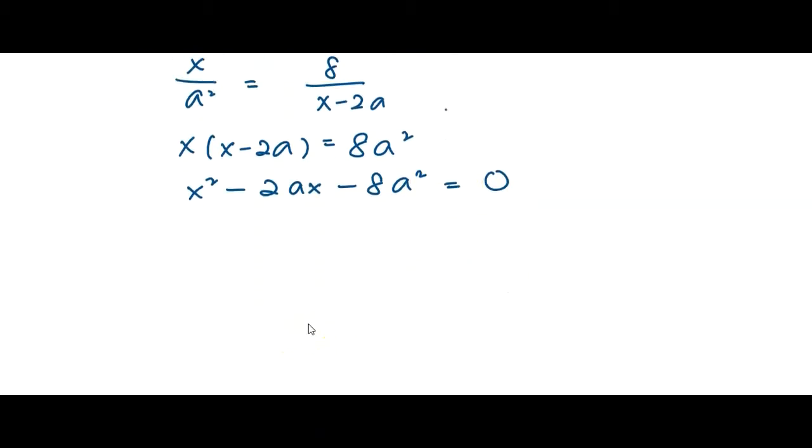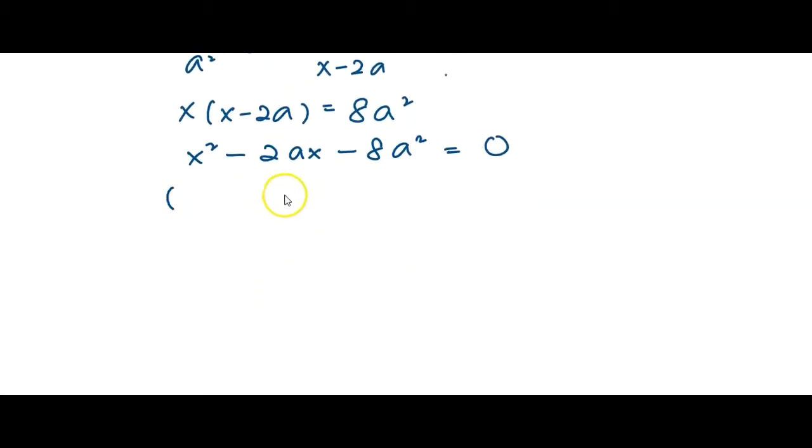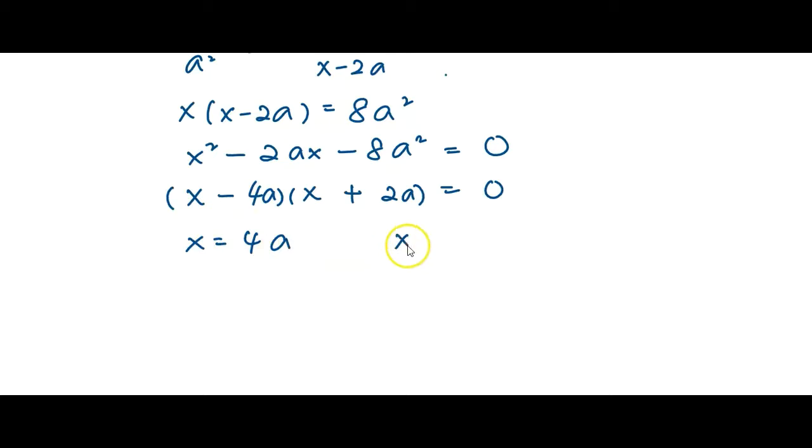So obviously this becomes a quadratic equation where we can factorize it. 8a squared consists of 4a multiplied by 2a. In order to get a negative 2ax, this has to be negative and this has to be positive. So you have x equals 4a and x equals negative 2a.